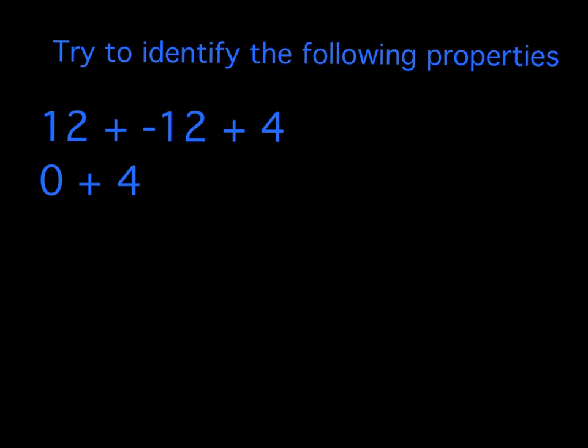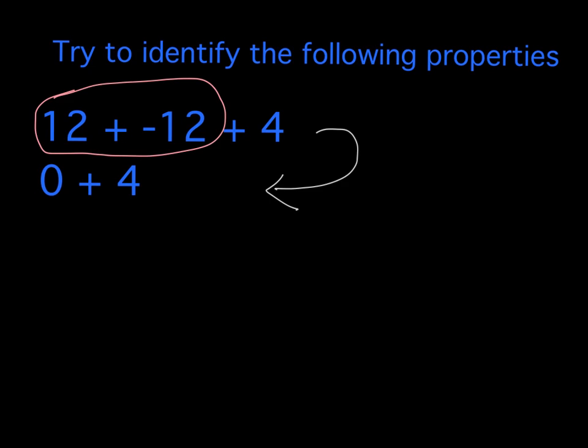Let's try to identify the following properties. We add 12 plus negative 12 plus 4. Then we go to the second line, and that simplifies to 0 plus 4. So what property did we use to go from line 1 to line 2? We can see that we added 12 plus negative 12.